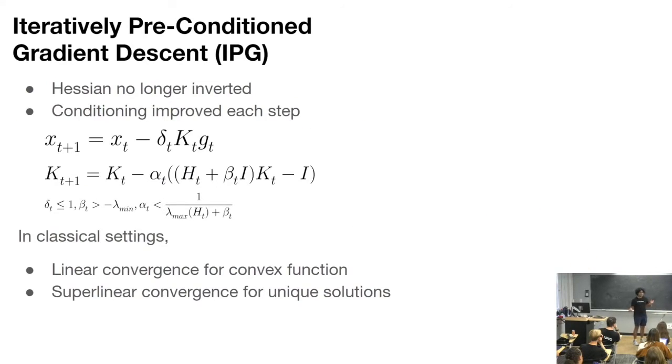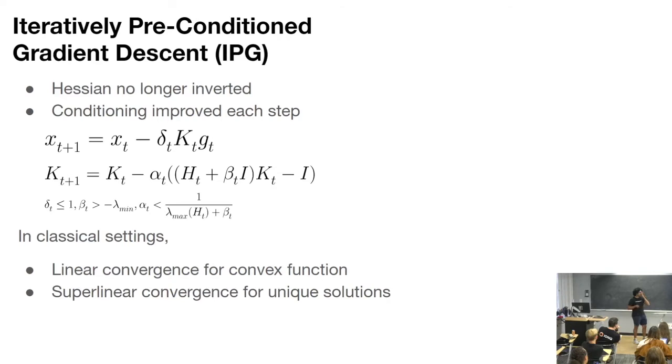And so the advantage is that now you're no longer computing the inverse Hessian in each step, and you're also improving the conditioning of each step because you're updating your preconditioned matrix in each step according to these factors. And these hyperparameters are functions of our maximum and minimum eigenvalues to help with making sure that our matrix is what we call well-conditioned.